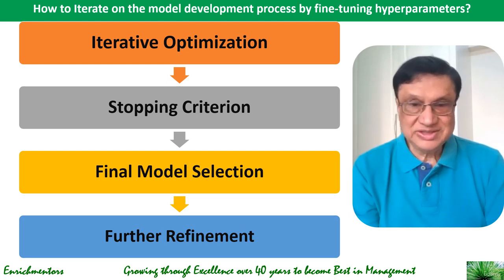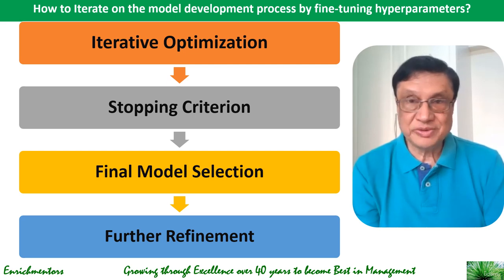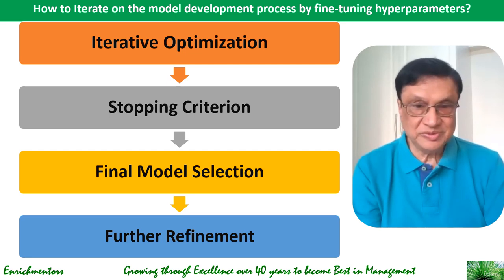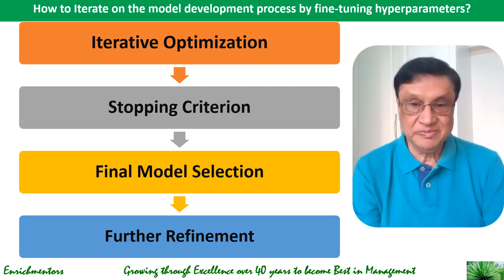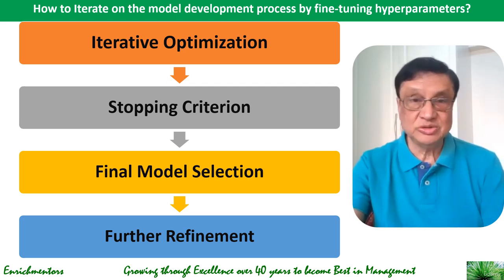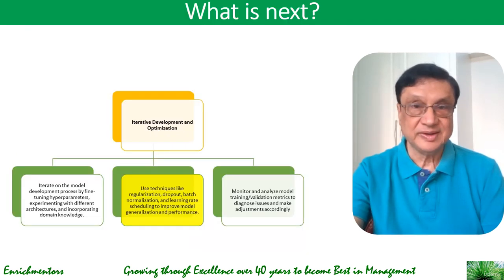By following these steps, you can iteratively fine-tune hyperparameters to optimize the performance of your machine learning model. This iterative approach allows you to systematically explore the hyperparameter space, identify optimal configurations, and improve the model's performance over a period of time to find that elusive optimal solution.